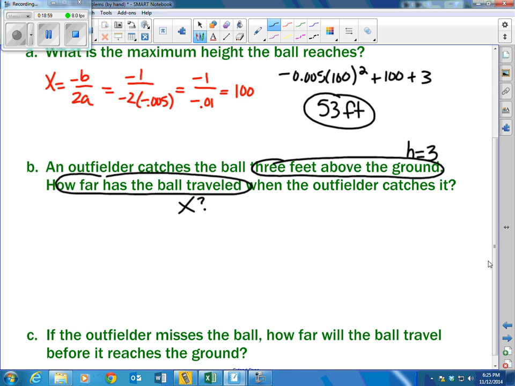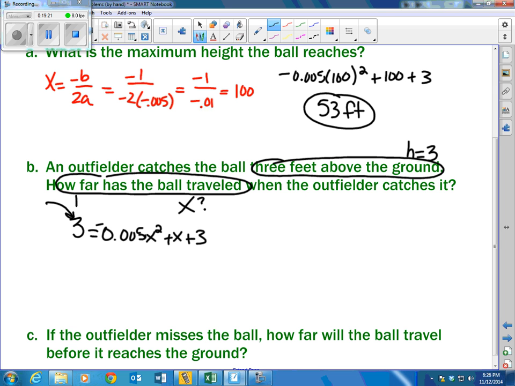So what I will do is plug this in and say 3 equals, and I'm going to plug it into my equation, negative 0.005 x squared plus x plus 3. Notice I plug a 3 right here because this is where the height is.